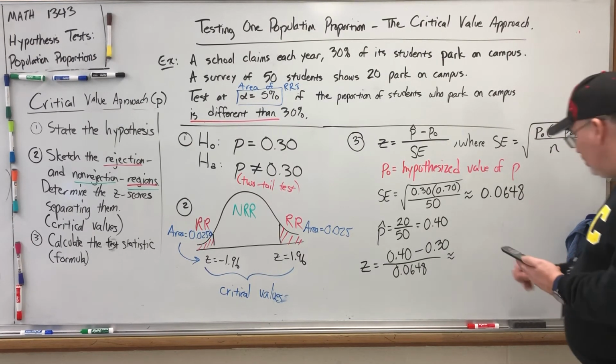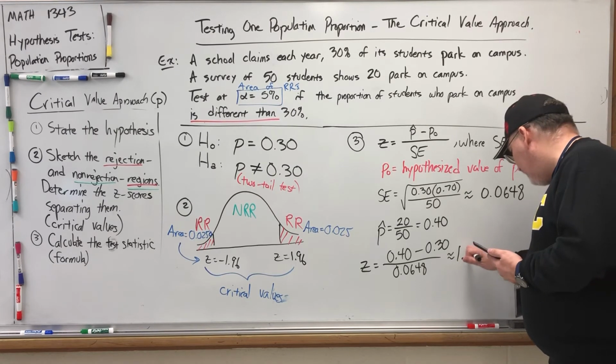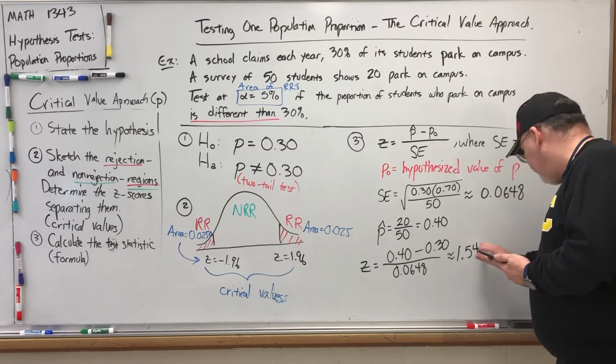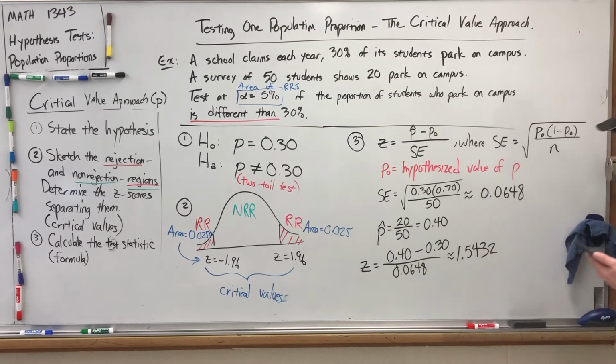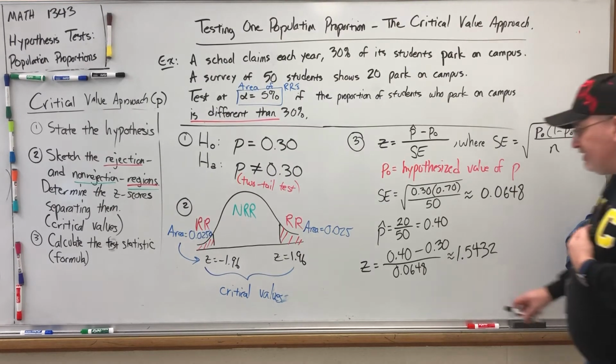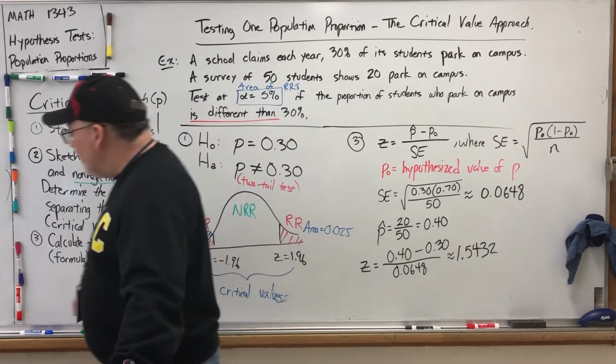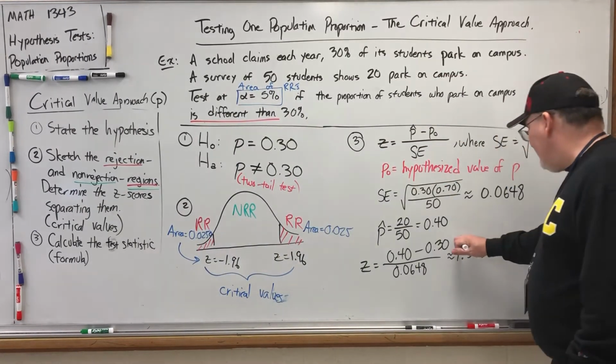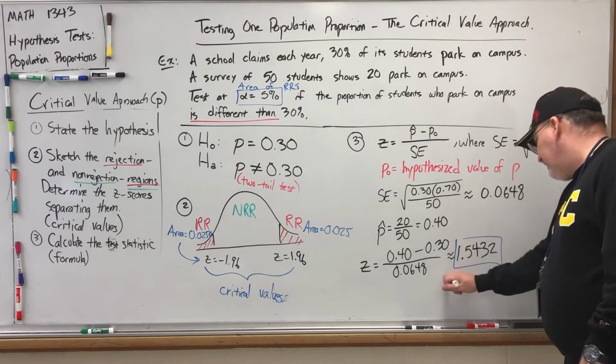And we get 1.5432. All right, so this is our test statistic. In other words, this is the z-score associated with what we got from our sample. Test statistic.